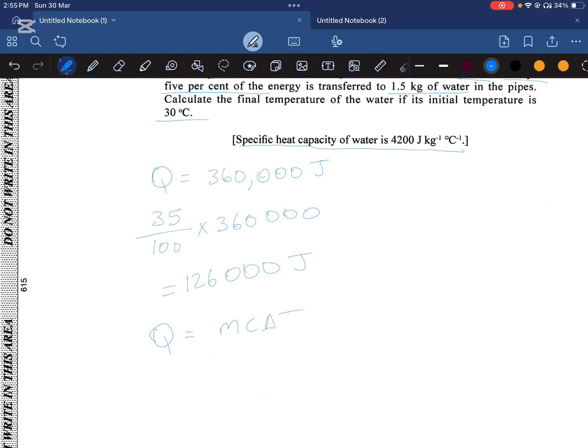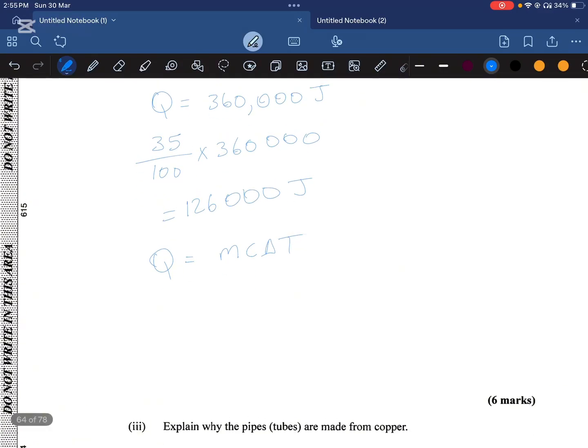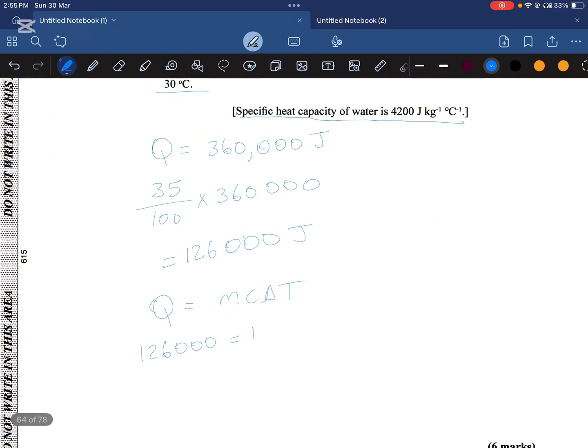So we have to consider the specific heat capacity formula. We know that the energy is 126,000, the mass is 1.5 kilograms. They say the specific heat capacity C is 4,200, and we're going to just leave this as change in temperature.